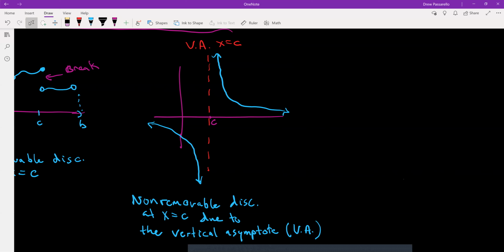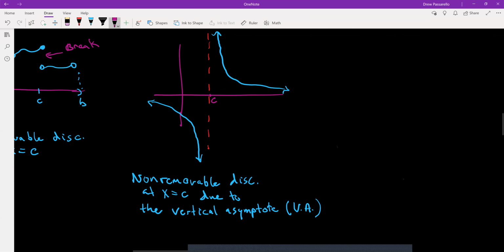On the left side of C, the graph goes down to negative infinity. And since it goes in, it's not connected there, and you can't have it be defined at an asymptote. So that's a non-removable discontinuity, due to the vertical asymptote. And the asymptote itself is x equals c.